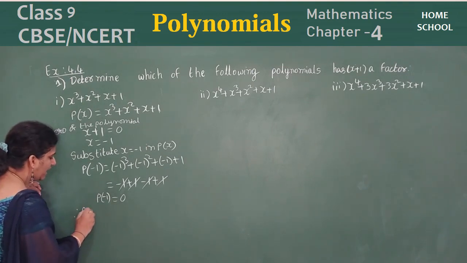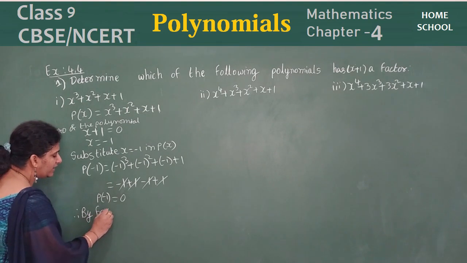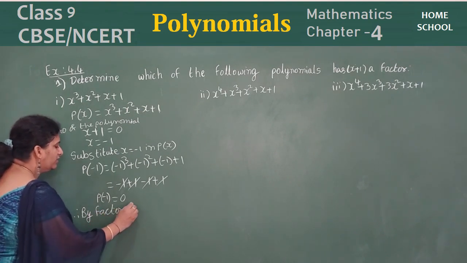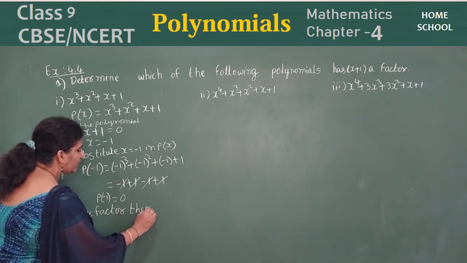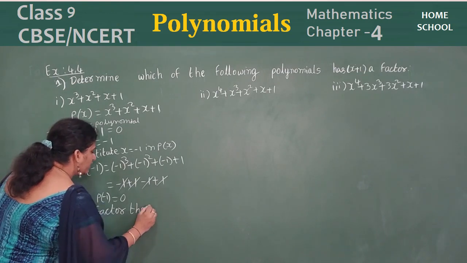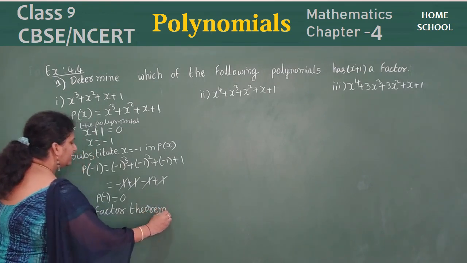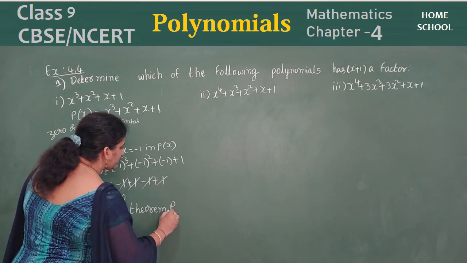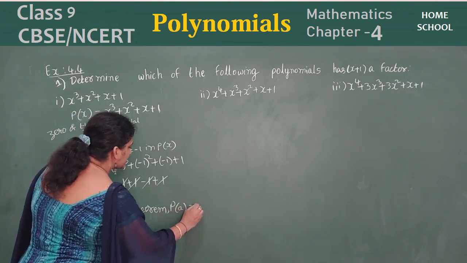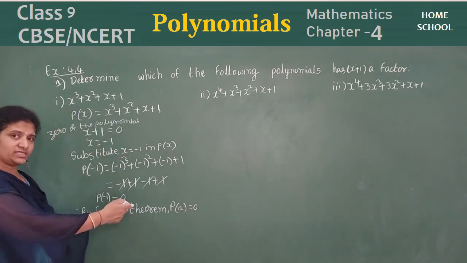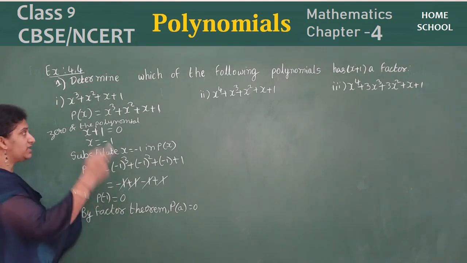Therefore, by factor theorem, what is the condition here? By factor theorem, what you got here, children? P of A equal to 0. If P of A equal to 0, what you can say, children?